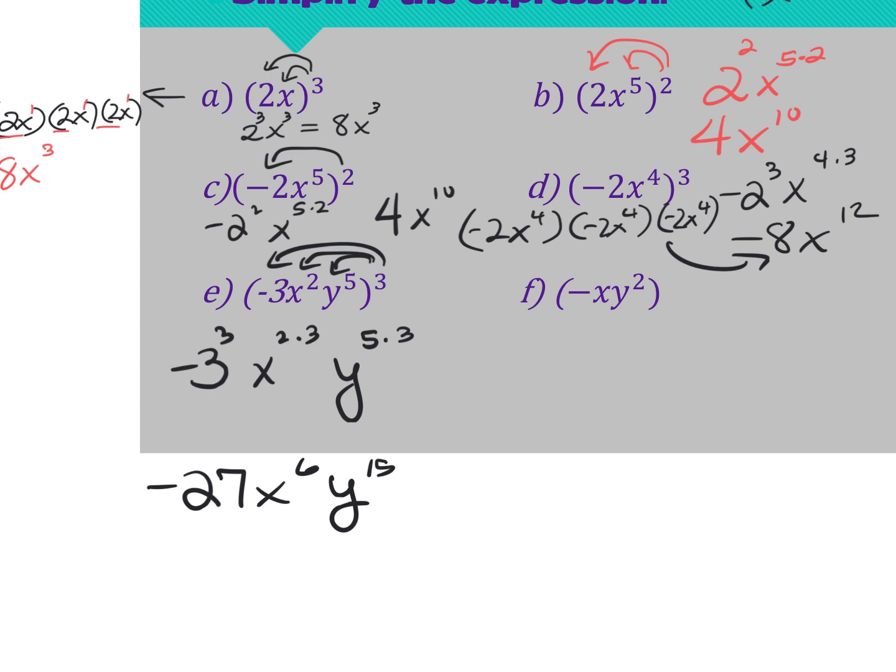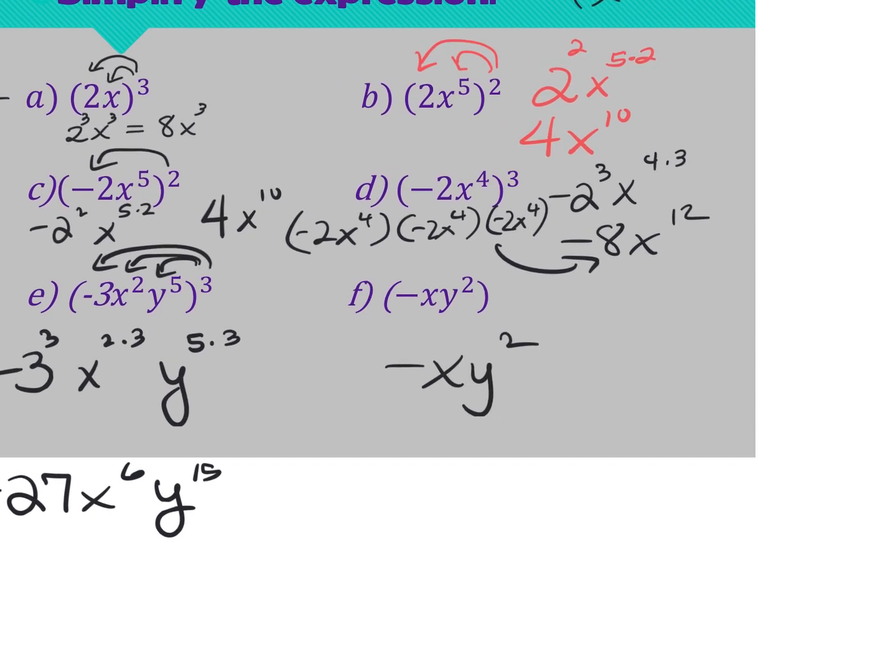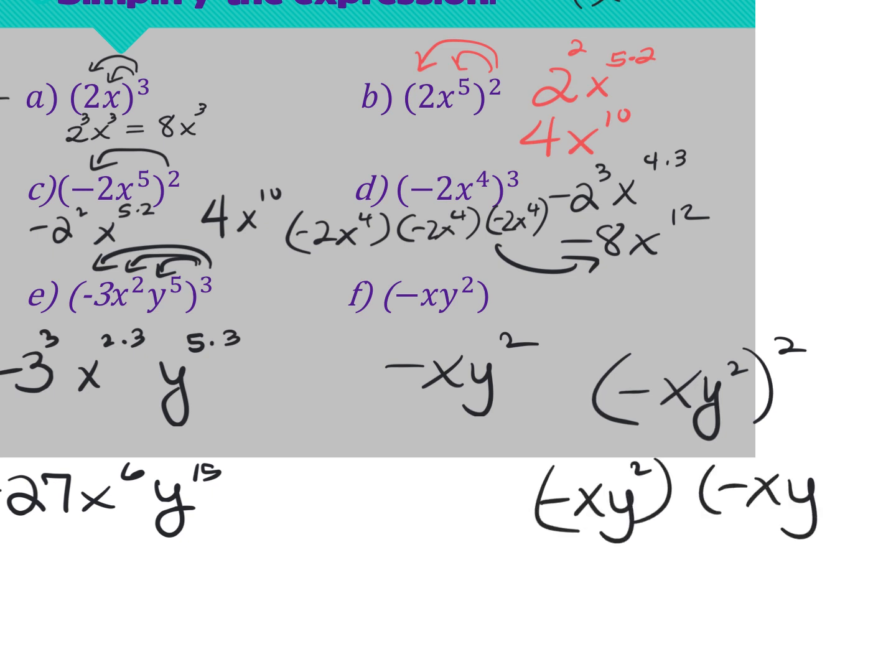Now this next one is already simplified. So if they ever give you something like this and they ask you to simplify, if it's already simplified, you could just rewrite the problem. But let's modify this a little. Let's say f was really -x y squared raised to an exponent of 2. So again, this 2, if you want to think of it like this, you can write it twice.